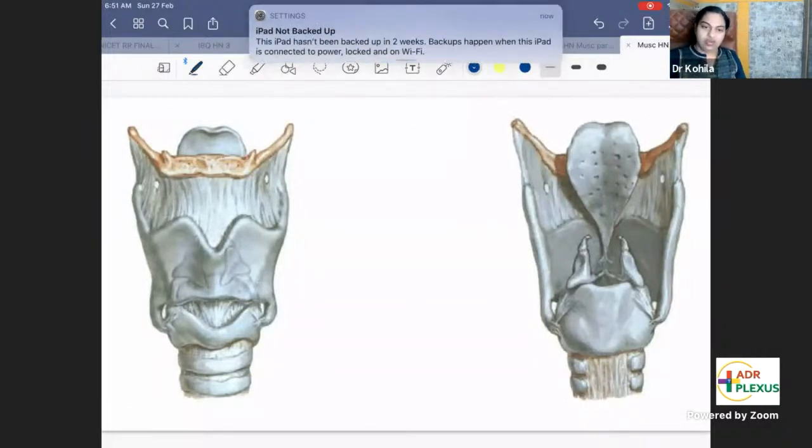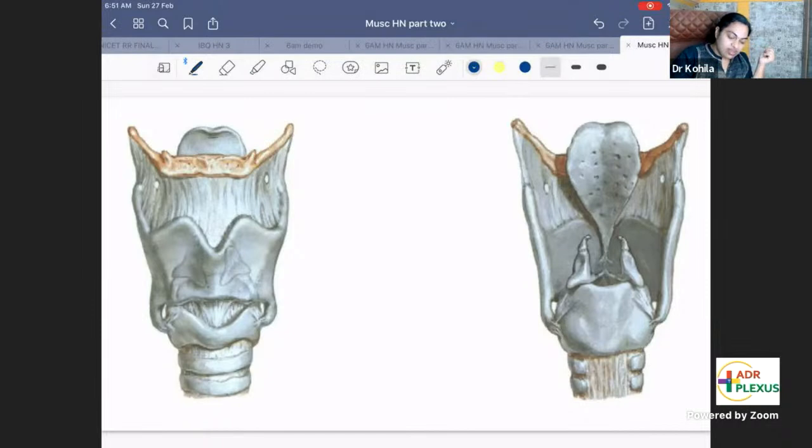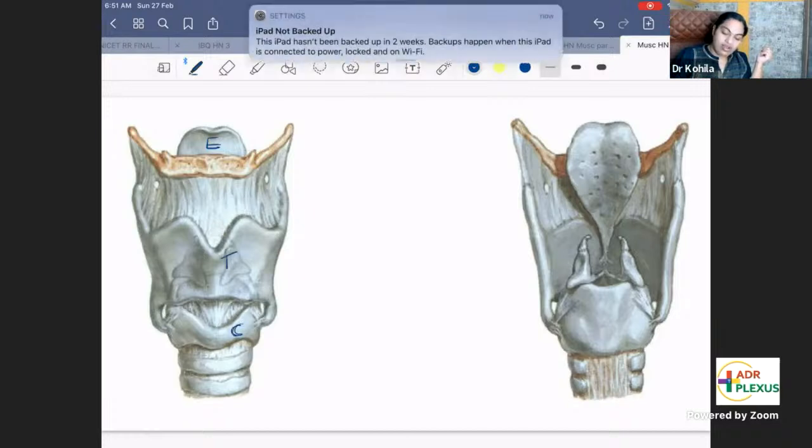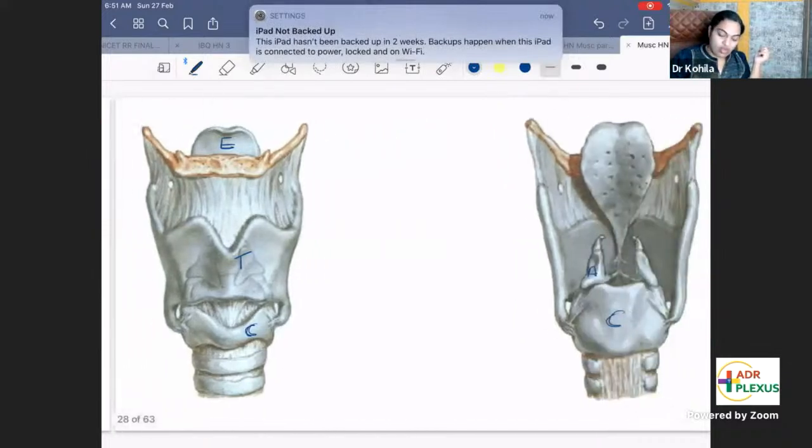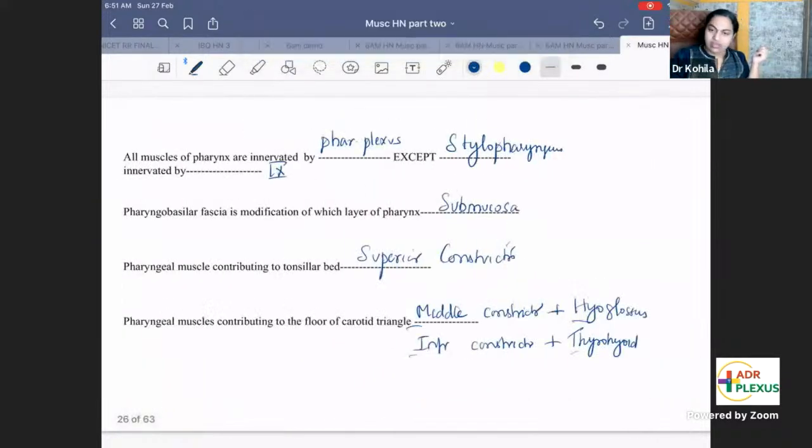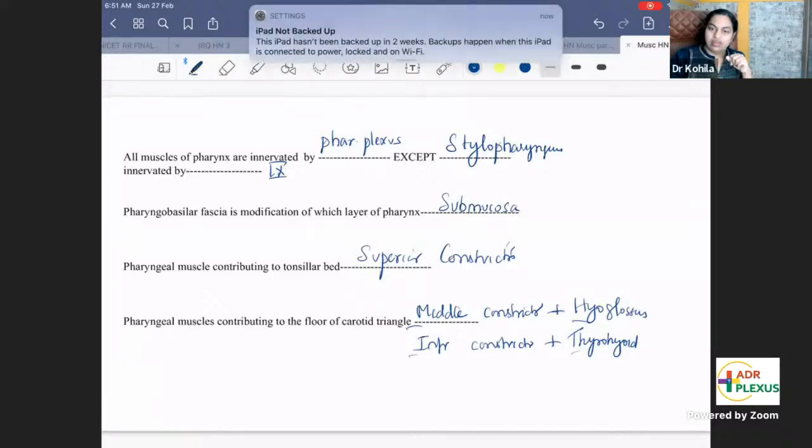So muscles of the larynx, identify the cartilage here. This is the epiglottis. This is your thyroid, cricoid. Sitting on top of the cricoid, this will be the arytenoid.